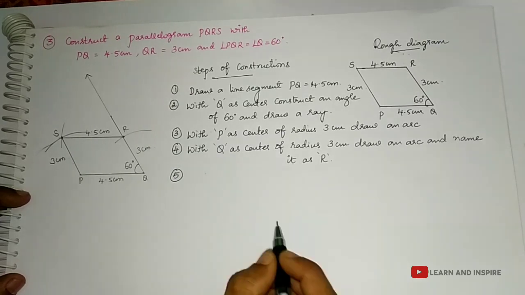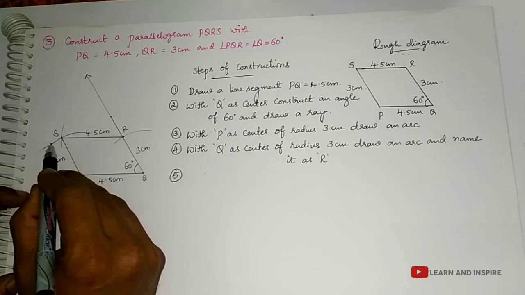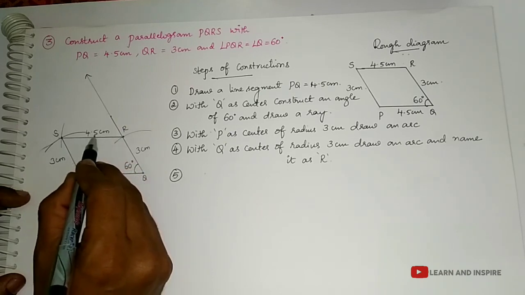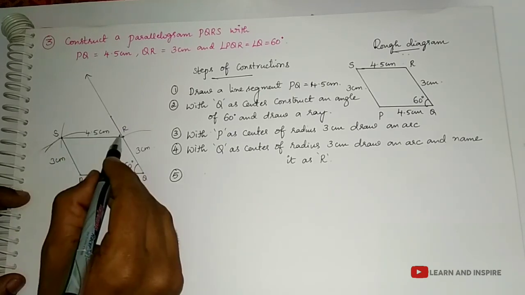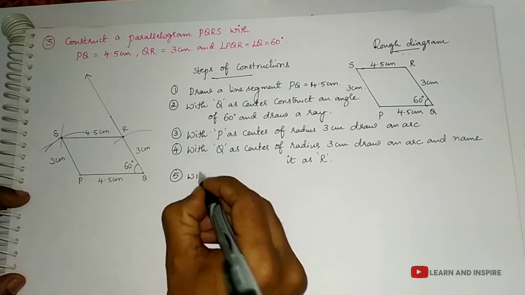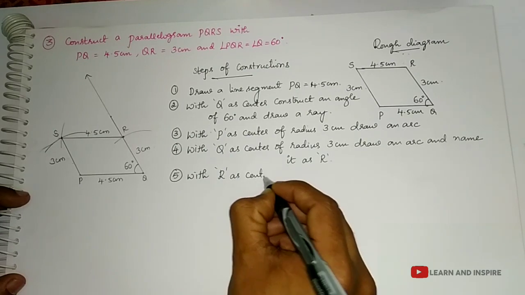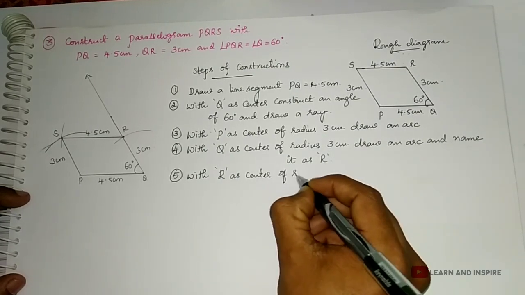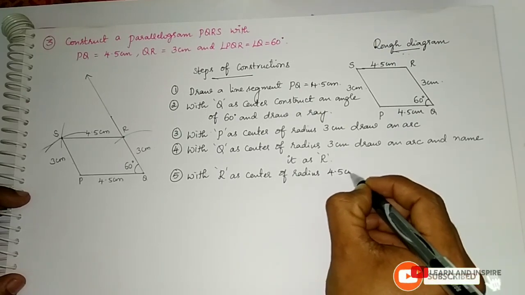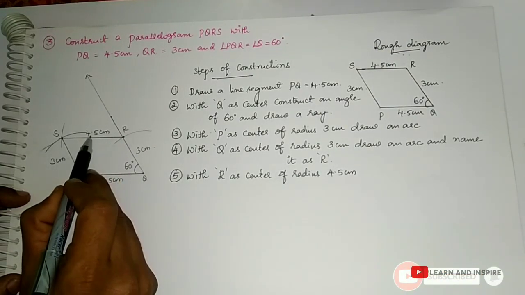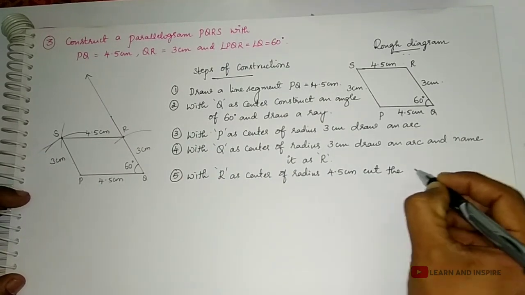And step number 5. Here we took the radius of 4.5 centimeters and cut the previous arc. With R as center of radius 4.5 centimeters, cut the previous arc.